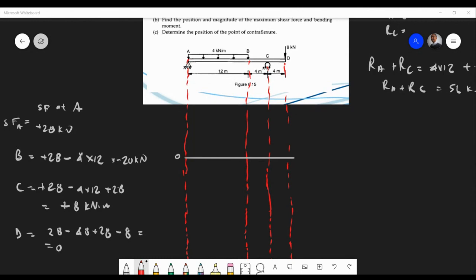Oh, I forgot the basics here. So how do you get that 28 kilonewtons? So is the reaction at C equal to 8?